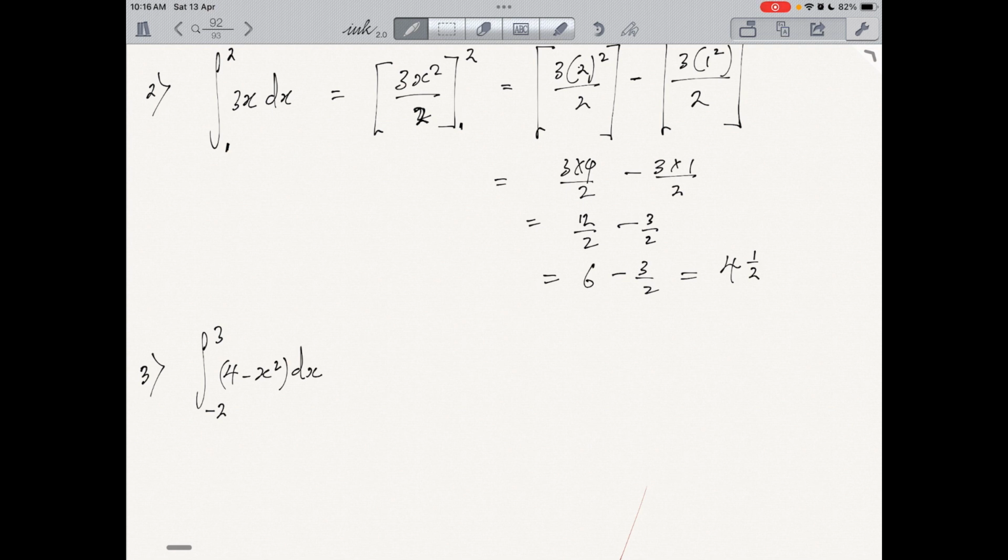We'll first integrate 4 minus x squared with respect to x. So integrating 4 minus x squared with respect to x, that means we are integrating each term. So integrating 4, we'll have 4x, and integrating x squared, we have x cubed over 3. Then we put our upper limit and lower limit. And that is minus 2 and 3.